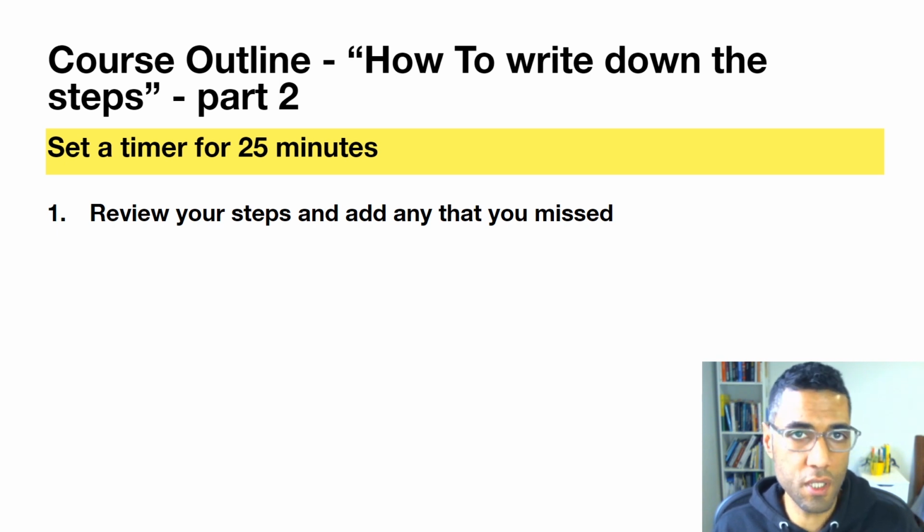If it was the coffee, I forgot to get a mug. After getting a mug, I forgot to turn the water on. Whatever those steps are that you forgot, by reviewing it and giving yourself some space, maybe you go away and come back to the task later on, you'll be able to fill in those gaps and add any that you missed.